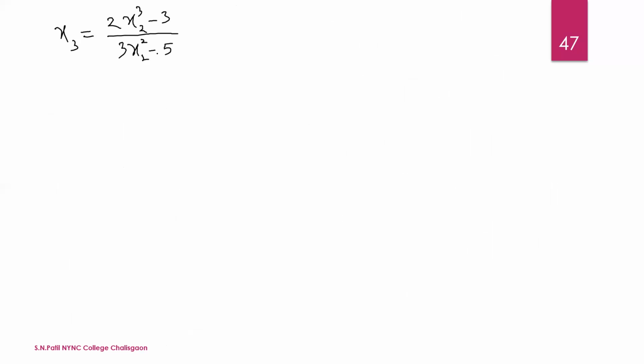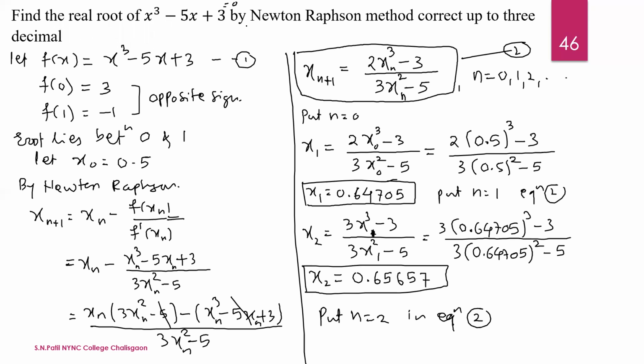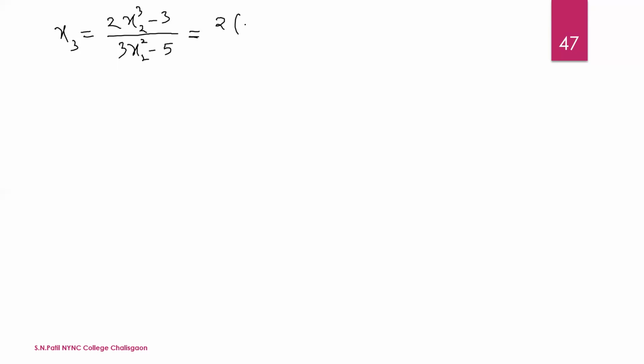Now put the value of x2, which is 0.65657: 2 times 0.65657 raised to 3 minus 3, divided by 3 times 0.65657 raised to 2 minus 5.